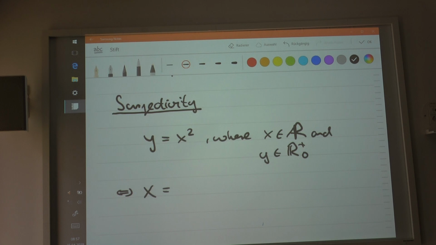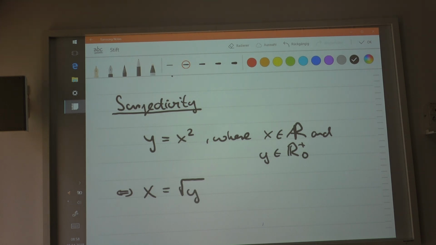But in this case, if y is from the set R plus 0, then x is only equal to the square root of y. You understand?